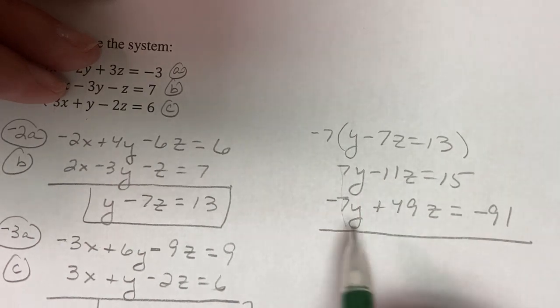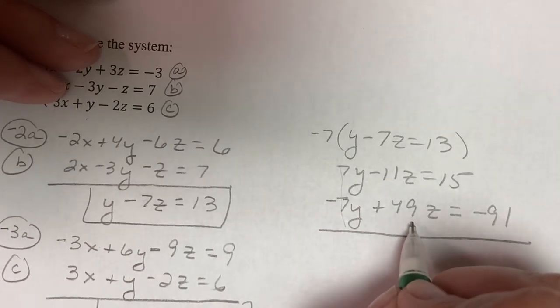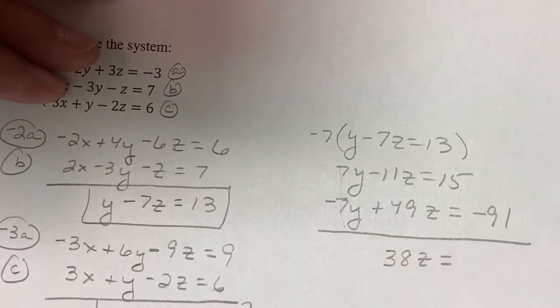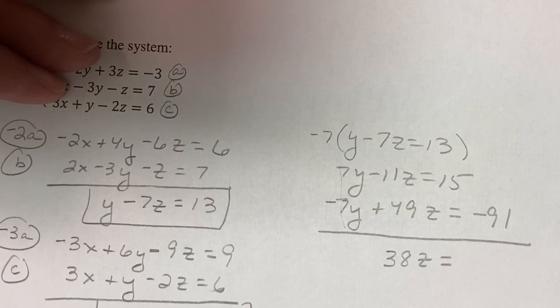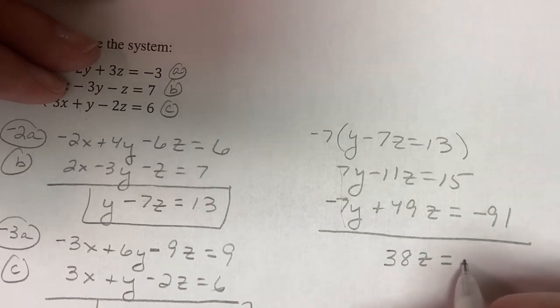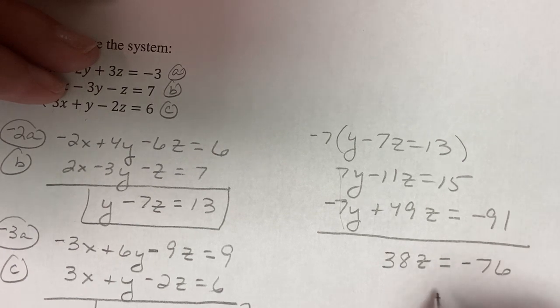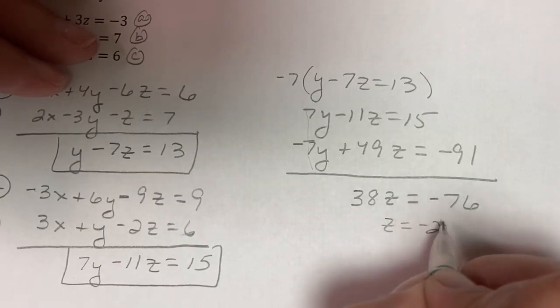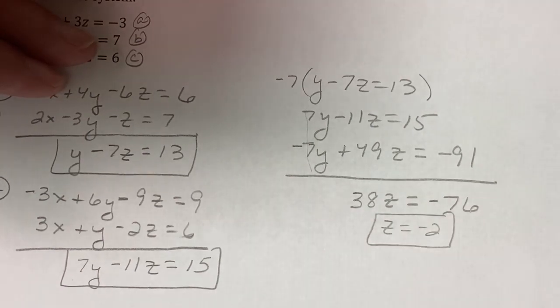So the y's are going to disappear. 49 minus 11 is 38z equals, I'm going to use a calculator so I don't make a mistake, negative 76. Life is good because look, z is equal to negative 2.